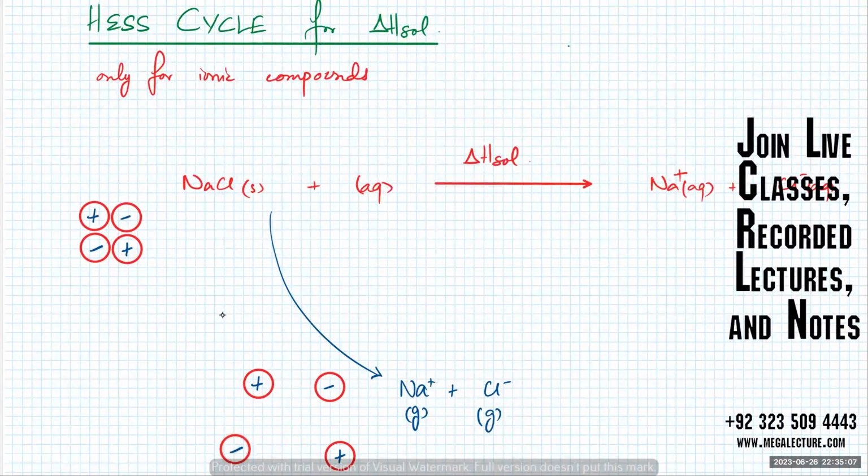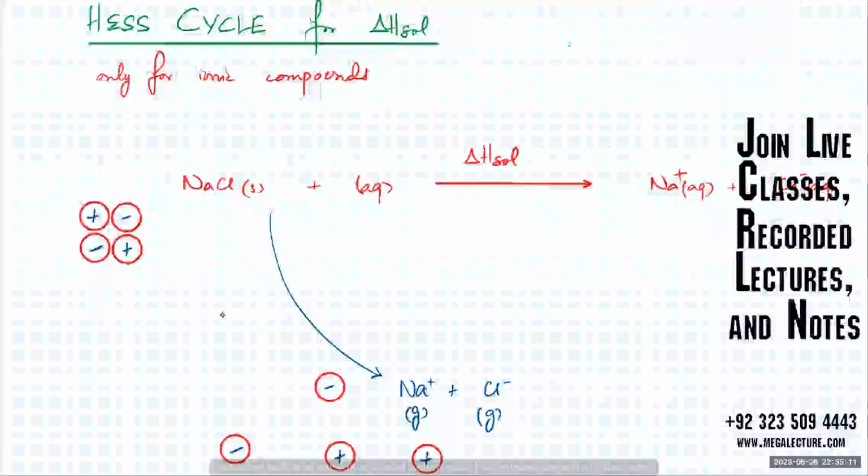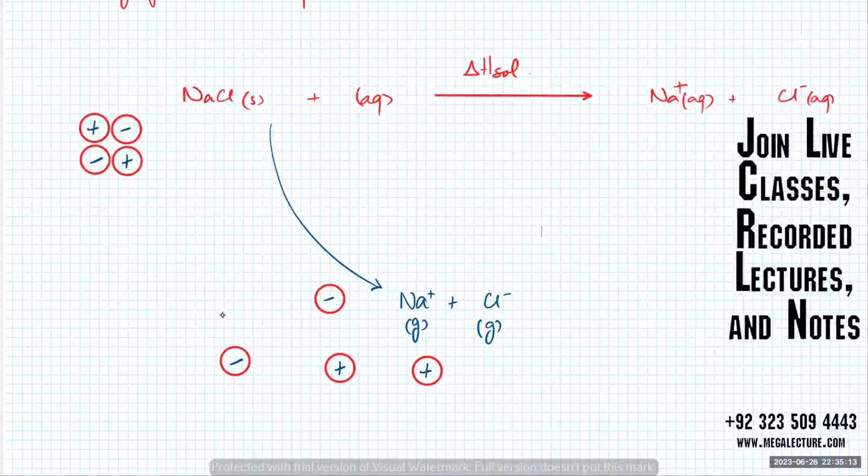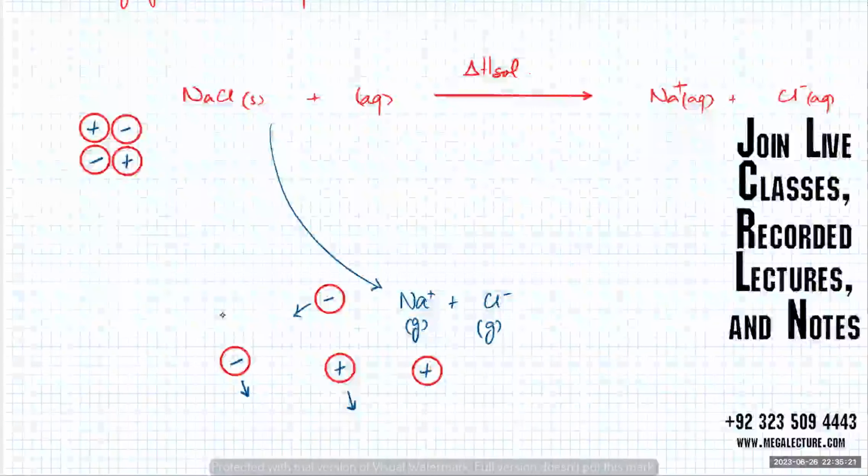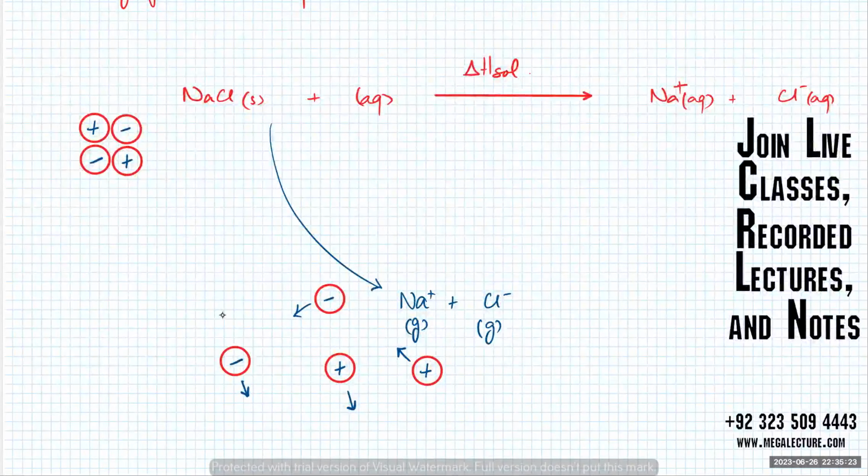So you've broken the ionic bonds. The ions are just moving about freely. So they've turned into gaseous ions.